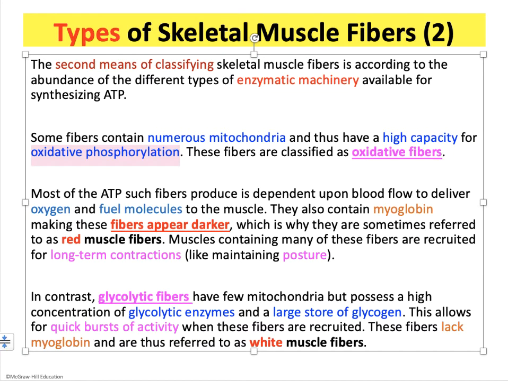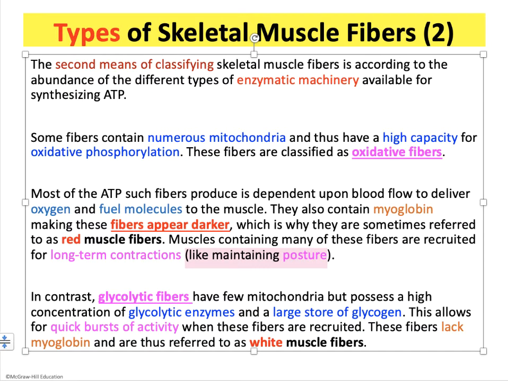These OF fibers contain a large quantity of a protein called myoglobin, and that makes the fibers appear darker. Thus, these are sometimes known as red muscle fibers. Because of their enhanced capacity to produce lots of ATP using oxygen and fuel, they are utilized for maintaining posture, so long-term contractions, such as the muscles in your back.